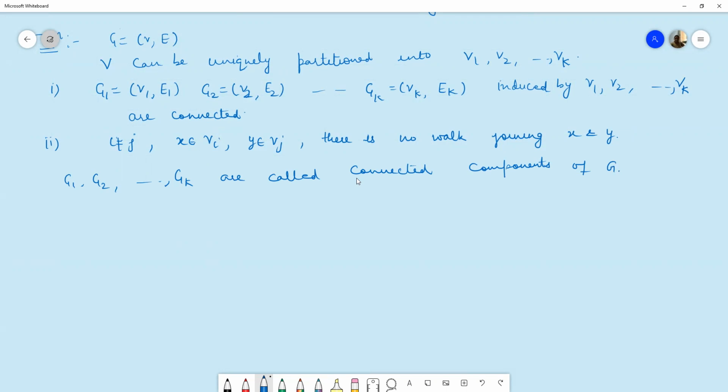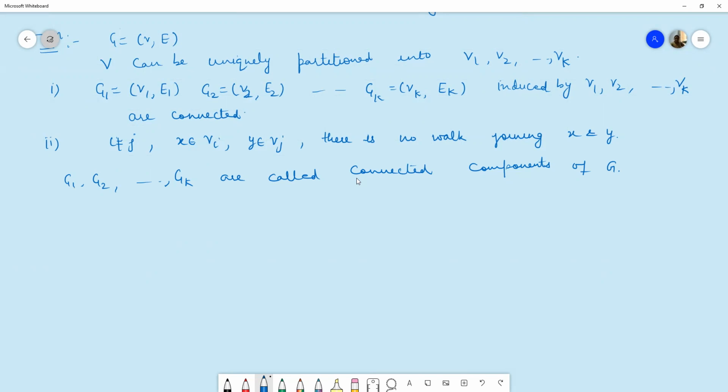So part 1 of this theorem says that the connected components are actually connected graphs. And part 2 says that the connected components are the maximal connected induced general graphs, which means if we take a point x in Gi and a point y in Gj, then there is no walk joining x and y, meaning there is no connection between Gi and Gj for different i and j.